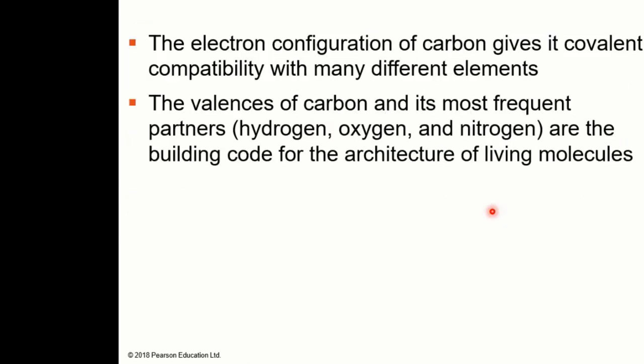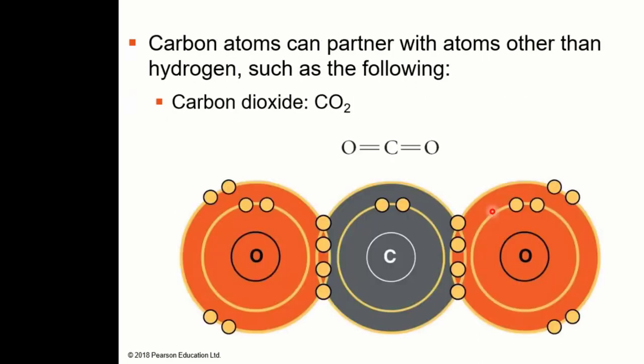Here they call them frequent partners, talking about hydrogen, carbon, oxygen, and nitrogen, which are the building blocks for the architecture of these living molecules, the basic structures or the basic molecules.